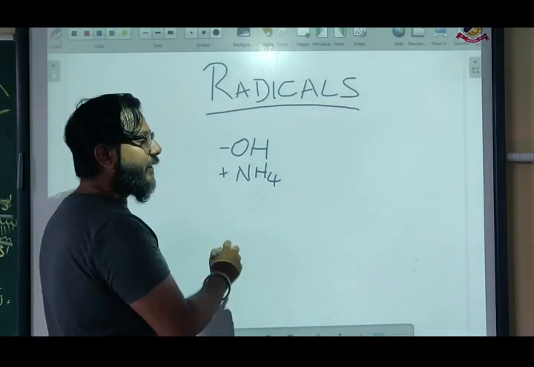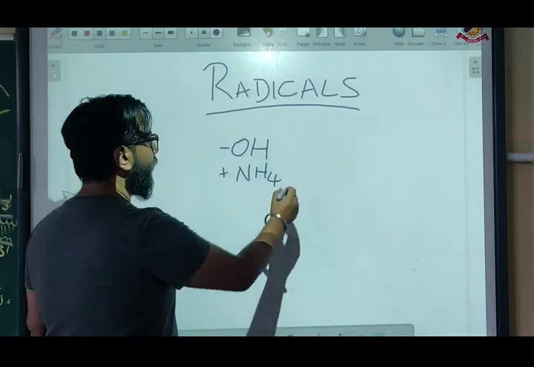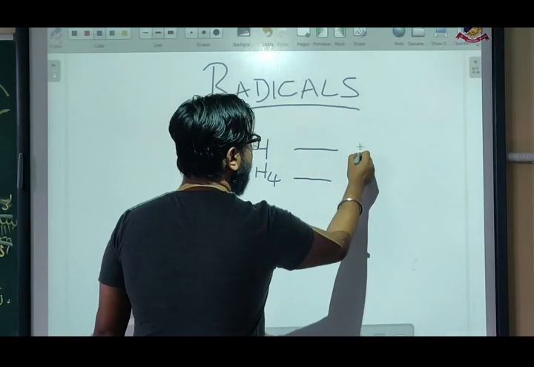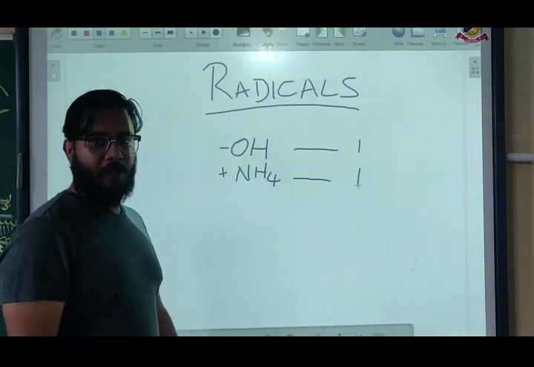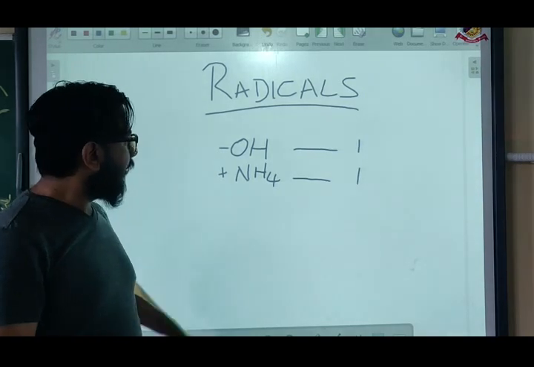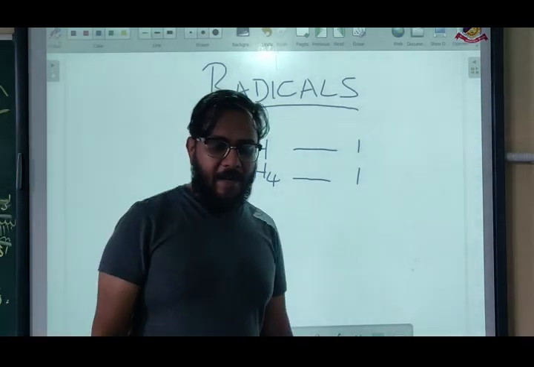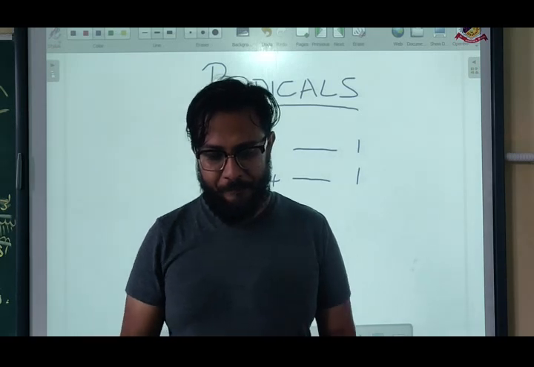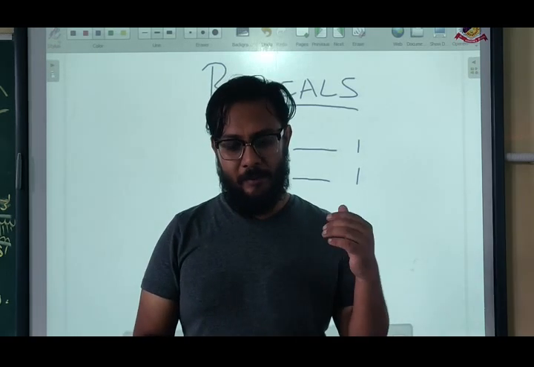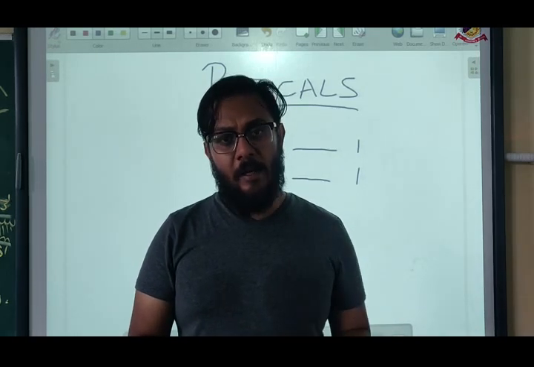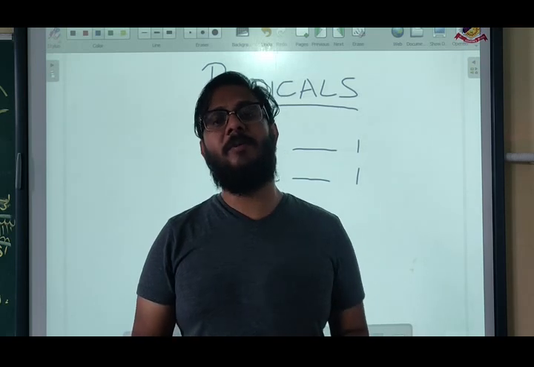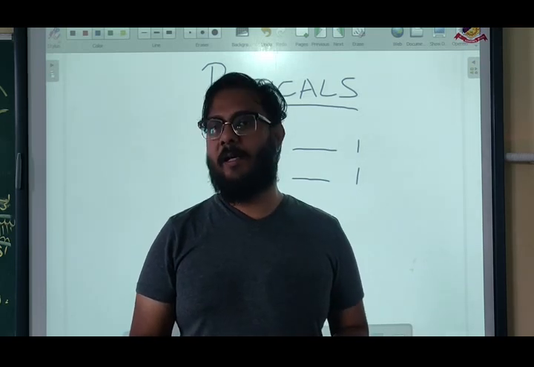Okay, they act as a single element, and their valencies are 1. A negative radical is known as anion, and the positive radical is known as cation.